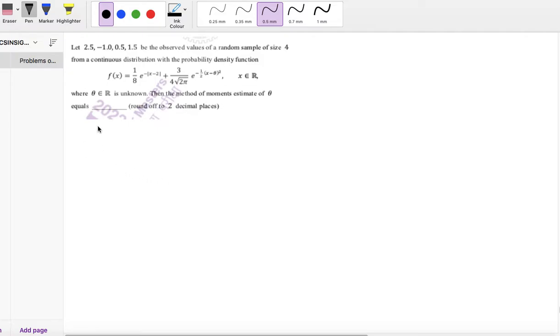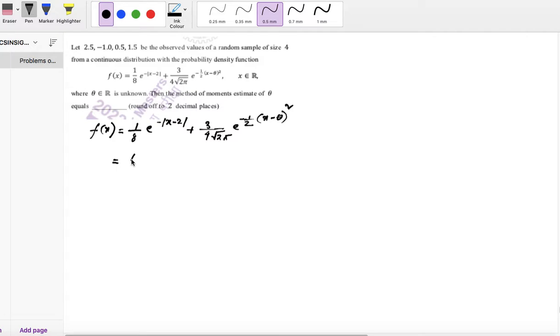We are given f of x is equal to 1 by 8 exponential of minus the absolute value of x minus 2, plus 3 by 4 times 1 over the square root of 2 pi, exponential of minus 1 by 2 (x minus theta) whole square. So what you can observe here is a combination of two PDFs.